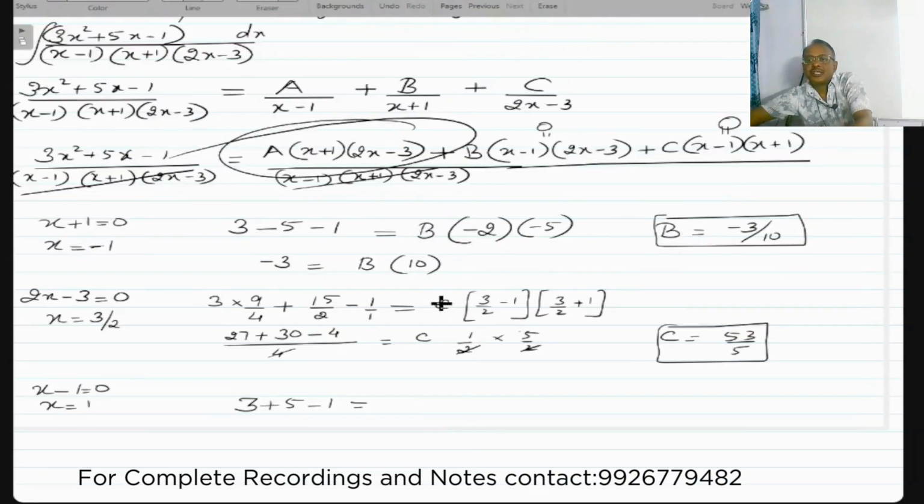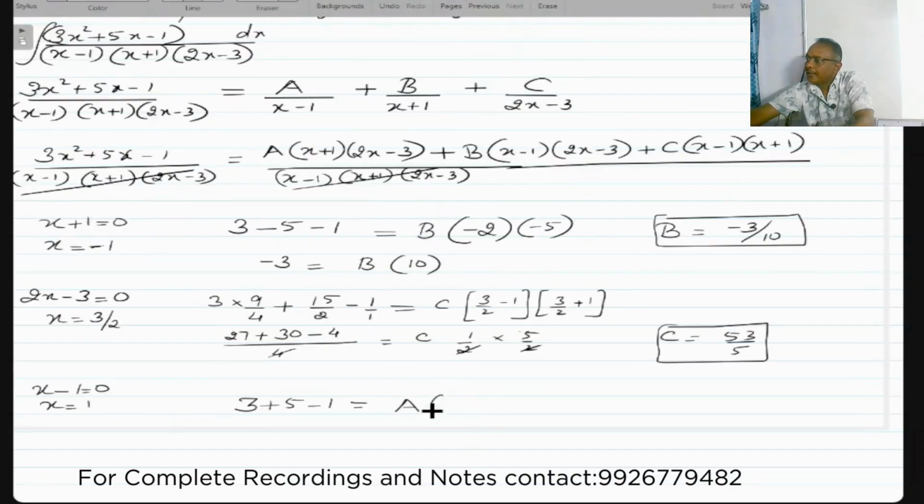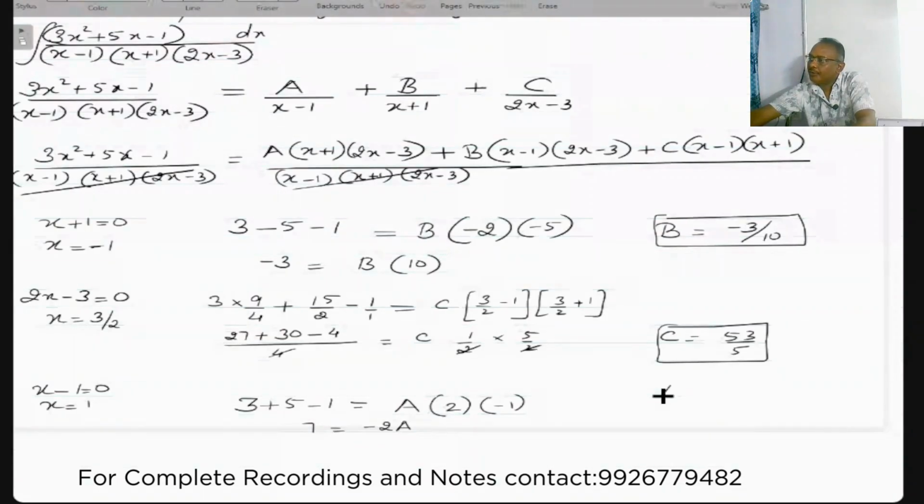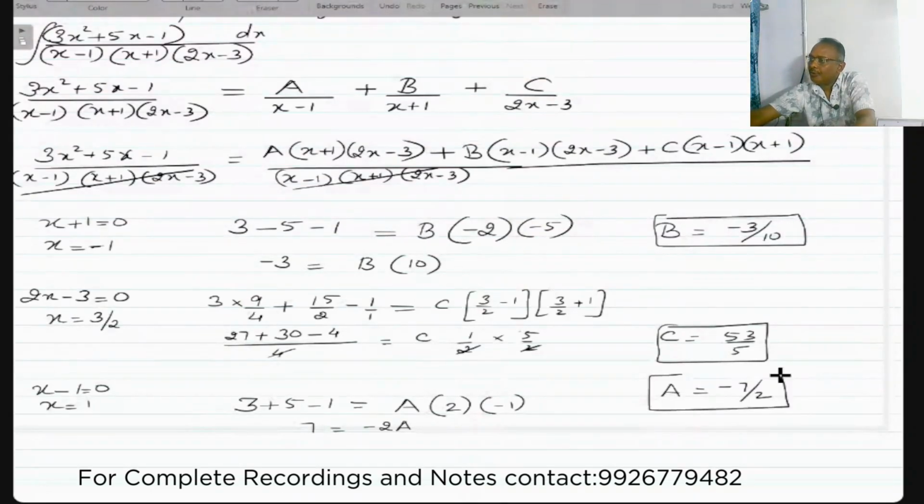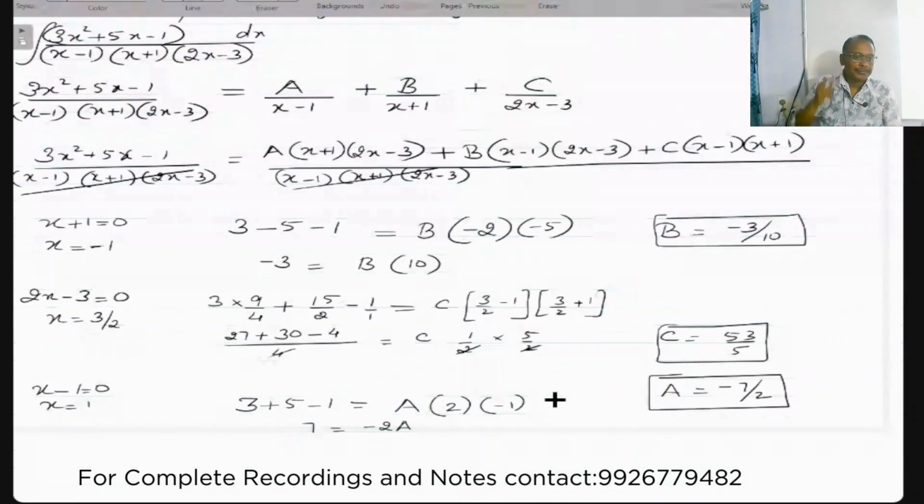This time a survived. So with a, put x as 1, it becomes 2. 2 minus 3 is minus 1. So 8 minus 1 is 7, equal to minus 2a. What is the value of a? Minus 7 by 2. Any problem, children?